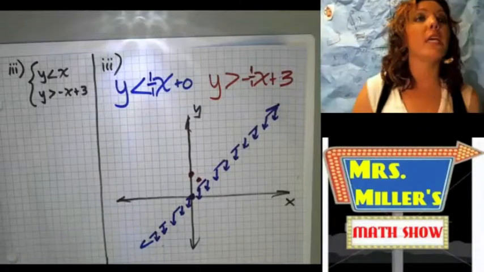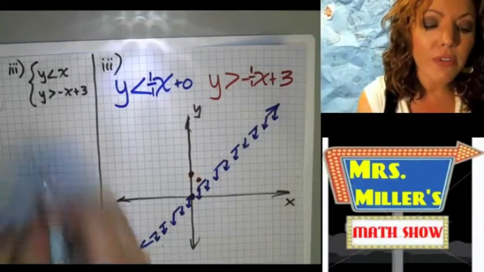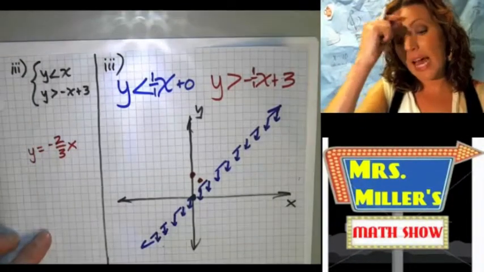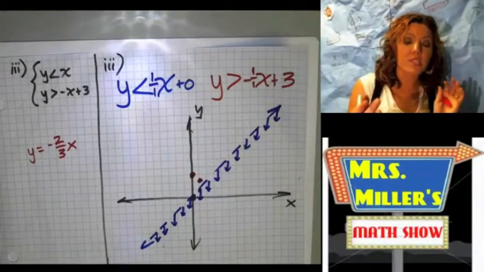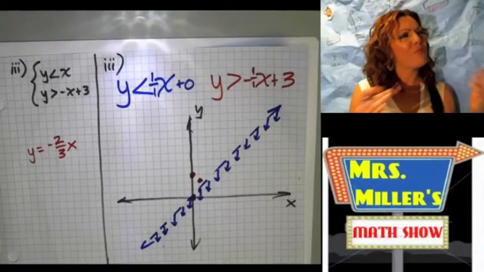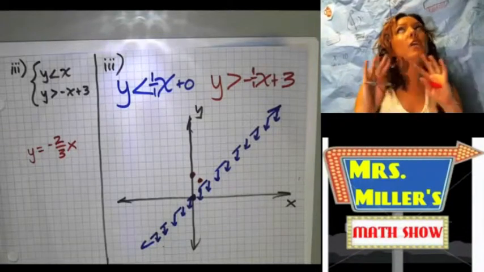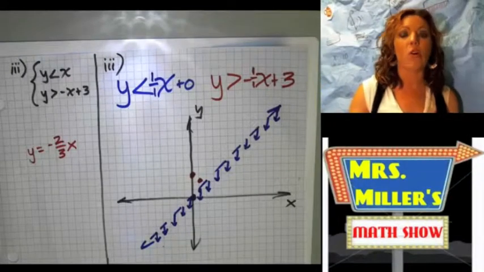That brings up a really good point that a lot of people get confused on. If you have a slope of negative 2/3, do we always go left, or do we go left, right, up, down, what do we do? There are many ways of teaching this. This is the way that I teach it because it keeps it straight all the time.